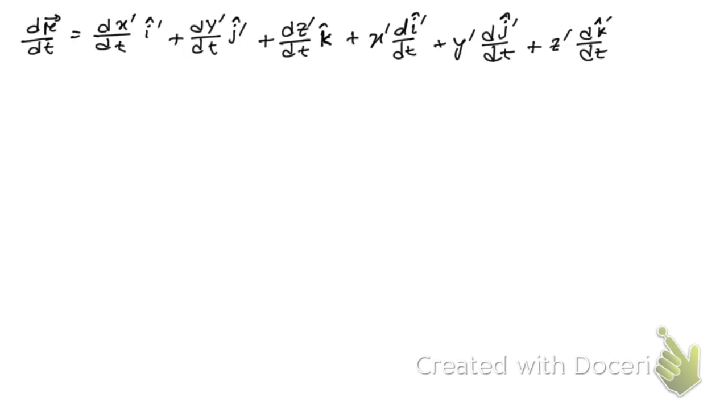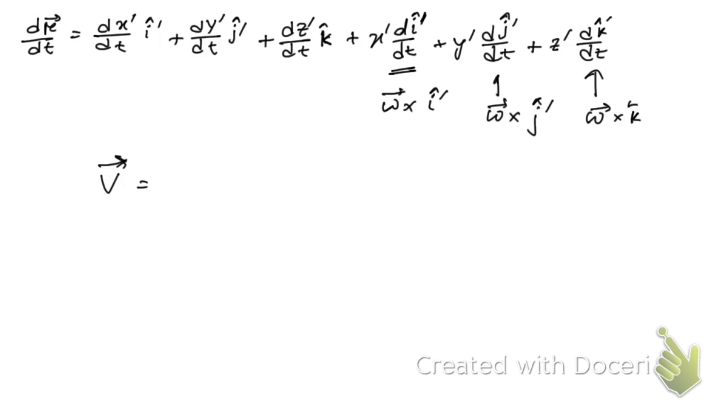Now we can write that the time derivative of i cap can be replaced by omega cross i dash cap, okay, not i cap, i dash cap. Similarly this can be written as omega cross j dash cap, and this time derivative of k dash cap can be replaced by omega cross k dash cap, because I have already told you that this velocity v vector is omega cross r, right? Hope you have got this relation.